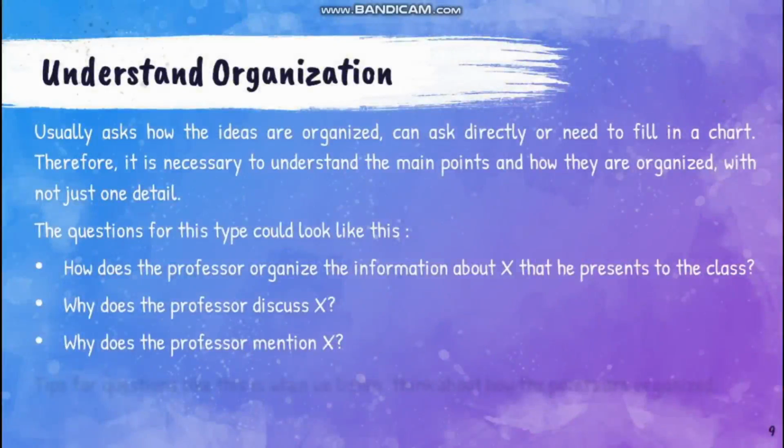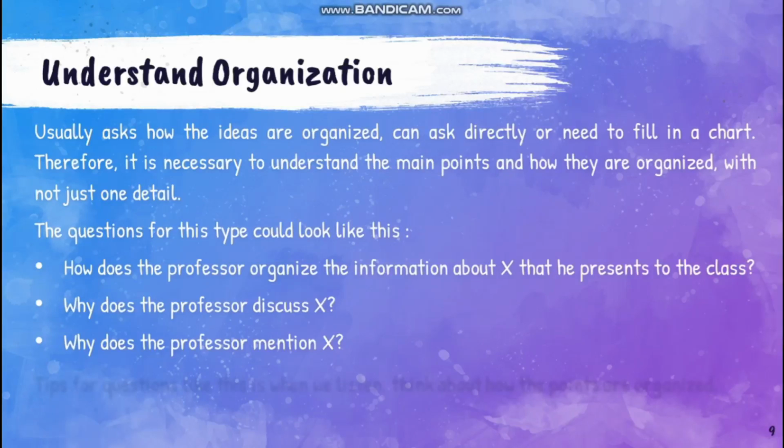Next, we have understand organization. These usually ask how the ideas are organized. They can ask directly or need you to fill in a chart. Therefore, it is necessary to understand the main points and how they are organized, not just one detail.